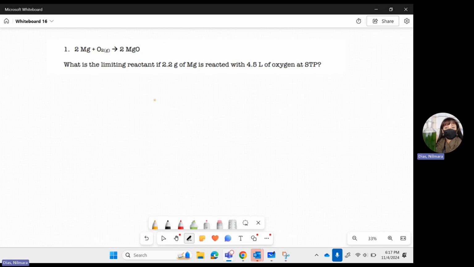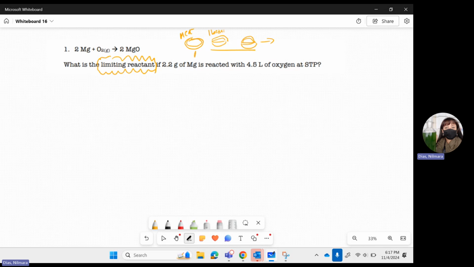So let's read this problem, thinking about the limiting reactant. We already talked about the limiting reactant. The limiting reactant is the one that will limit the production. For example, if I have one meat and I have two breads, and to make one full hamburger I need one meat and one bread, right?